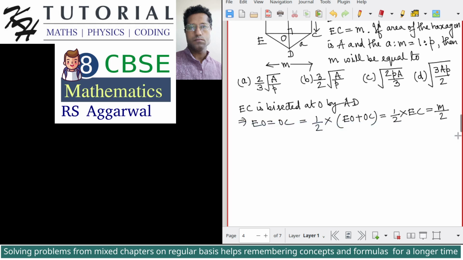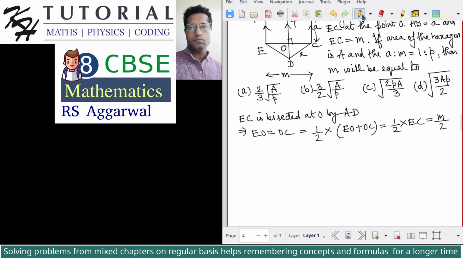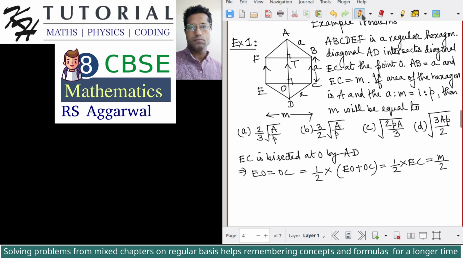Possibly we could also solve using that method, but I think the better way is, please observe that the center of this regular hexagon will lie on the diagonal AD, and it will be the midpoint of the diagonal AD.